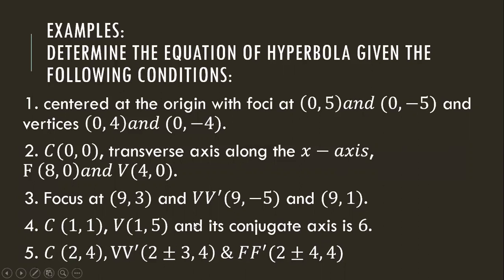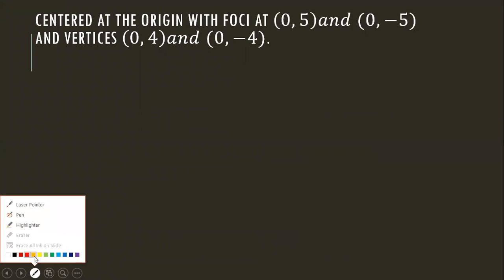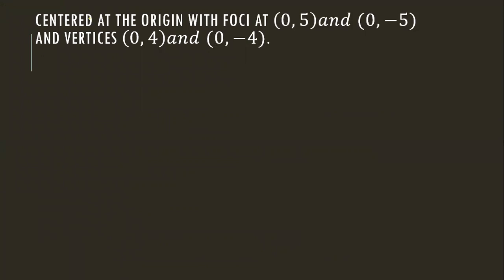So let us get the equation of the hyperbola. For the first part, it is centered at the origin, so we can say that the center is at (0, 0).